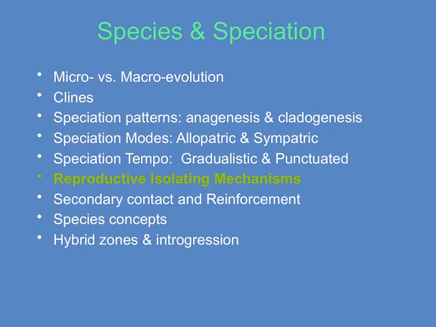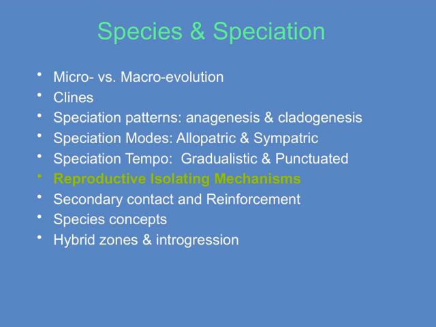In contrast, sympatric speciation happens within the same area, often through ecological or behavioral differences. Considering the tempo of speciation, we have gradualism, where changes occur slowly over time, and punctuated equilibrium, which suggests rapid bursts of change followed by periods of stability.